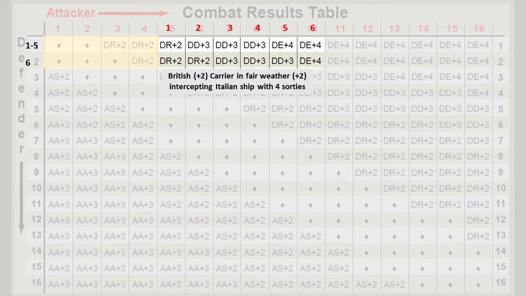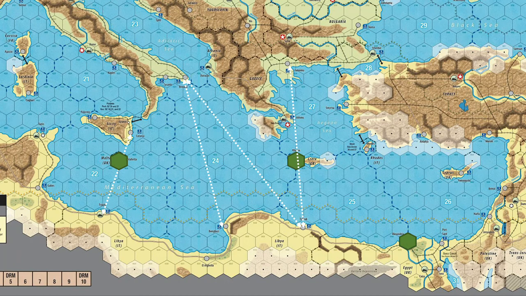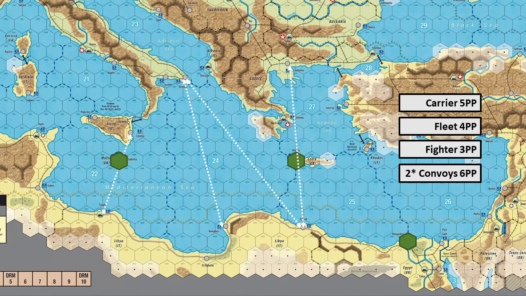Now, let's have a think about this. To run a complete interception, the British player needs a carrier. They need a fleet. Because remember, they have to intercept twice. They have to intercept 2 separate convoys. They will usually need a fighter to protect the carrier or the fleet if it's based at Malta or if it's based on Crete, because those are within range of land-based Axis fighter elements.